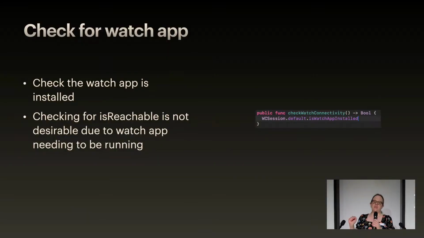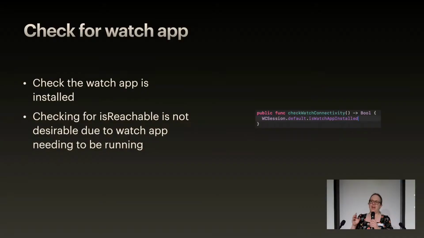To do this, you typically look at the default instance of WCSession, and you've got a few different options for the types of information you can get. You can get information about whether the app is visible or whether the app is installed.